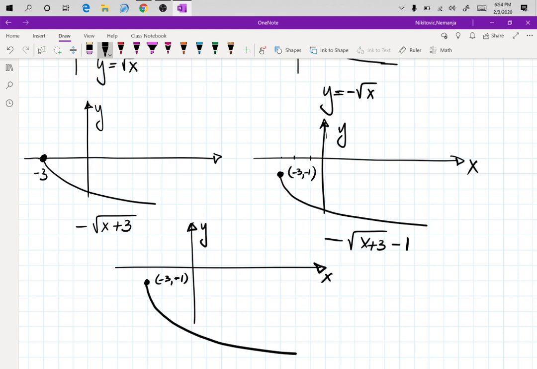Amazing job there. So it's okay. And that one there is the graph of the function by hand. So I have -2 square root of x plus 3 minus 1. And that last graph is the answer.